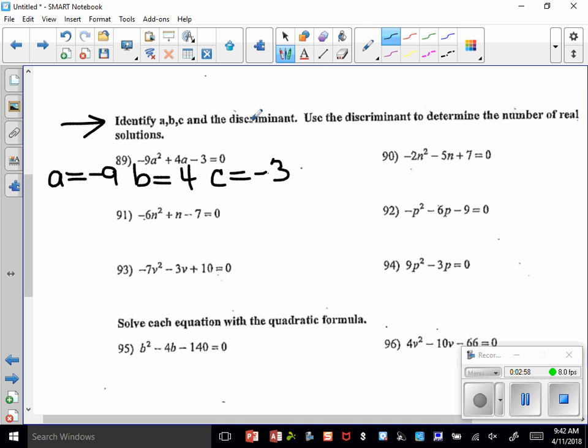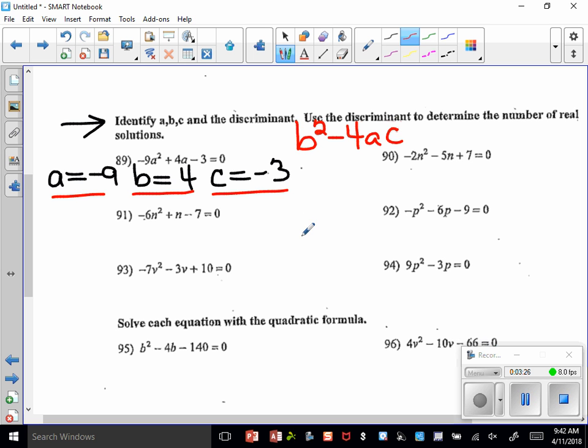So now we need to determine the discriminant. The discriminant is this piece right here, b squared minus 4ac. So anytime you see that word, you know that's b squared minus 4ac. Now you're just going to take the values you identified as a, b, and c, and you must use parentheses.